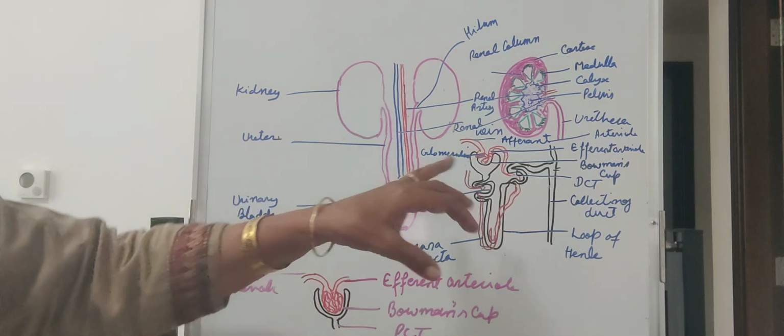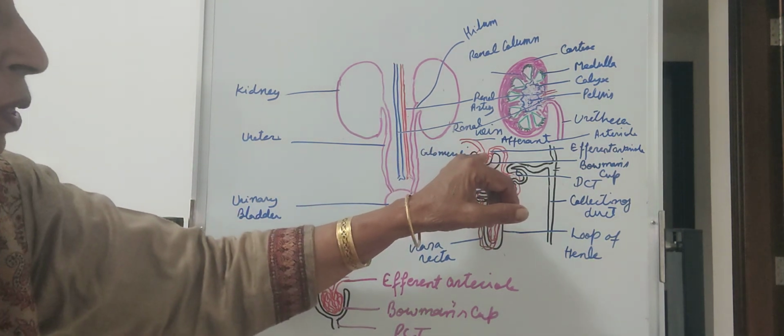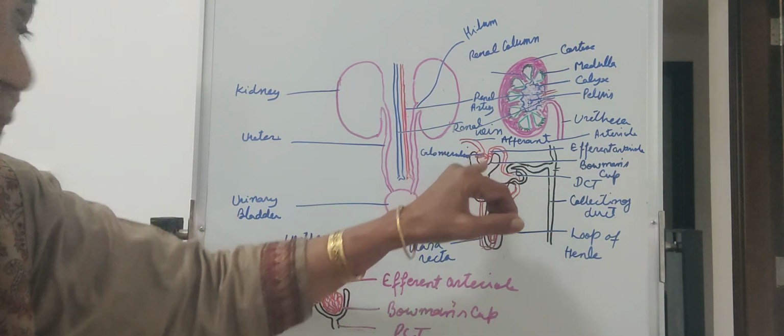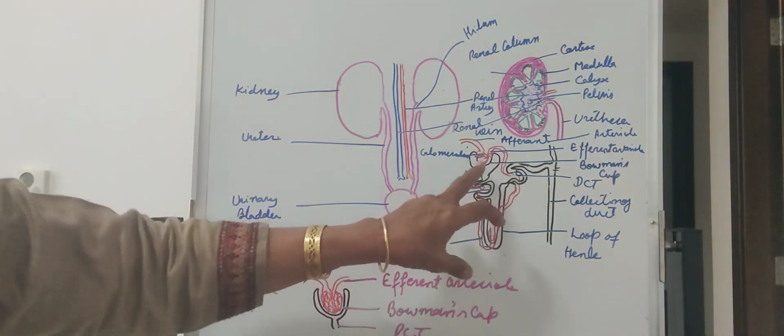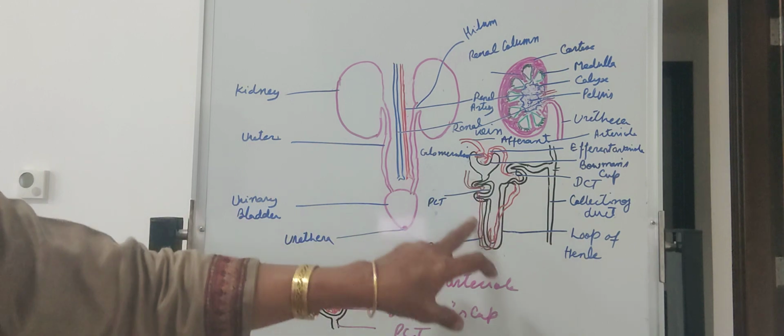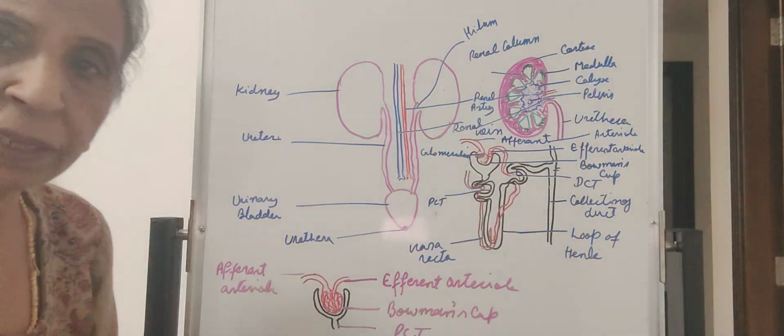So what is the function of one nephron? Each nephron consists of two parts, the Malpighian glomerulus and the renal tubule. The glomerulus is a network of blood capillaries.